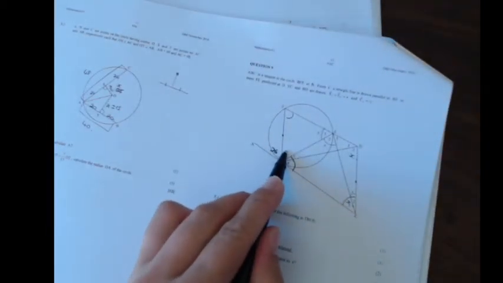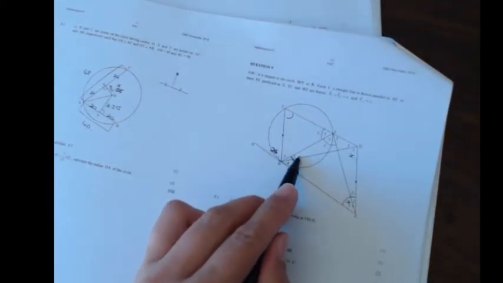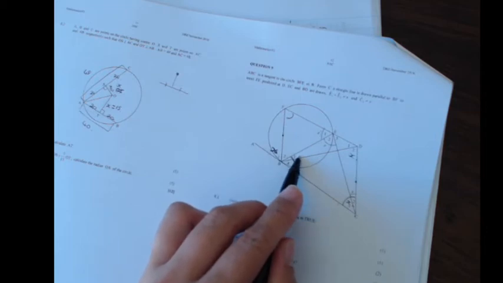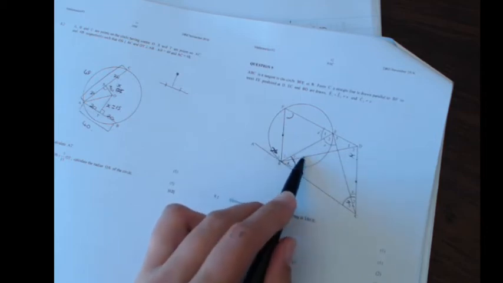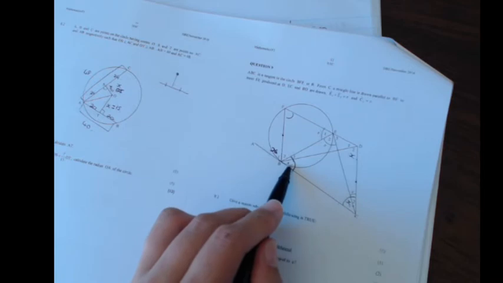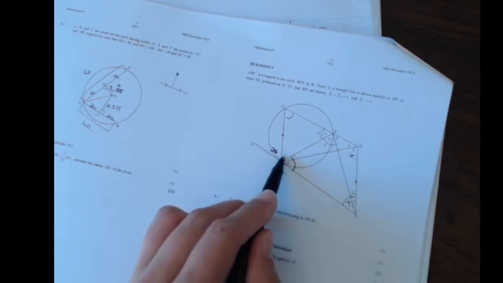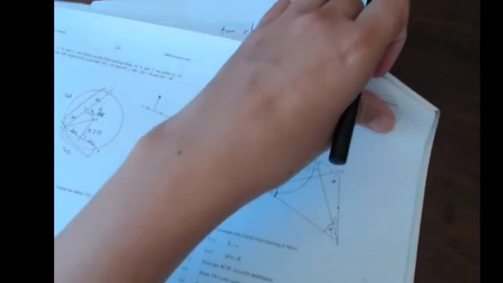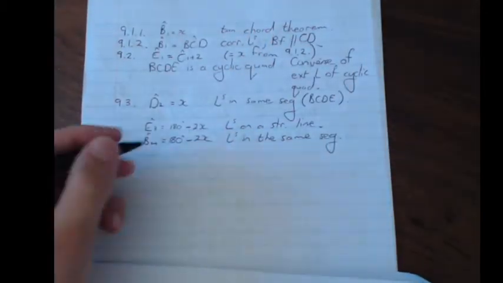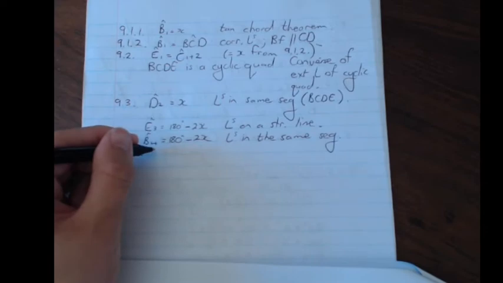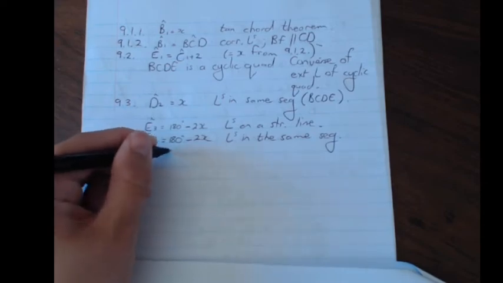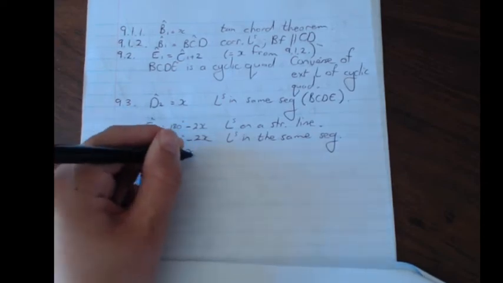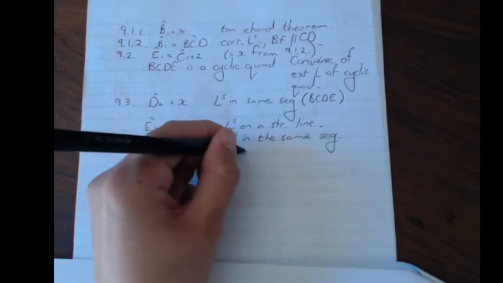And then since that's X and X, that is also going to make that angle, B2 and 3, equal to X, because this is 180 minus 2x, so 180 minus X is a straight line again.